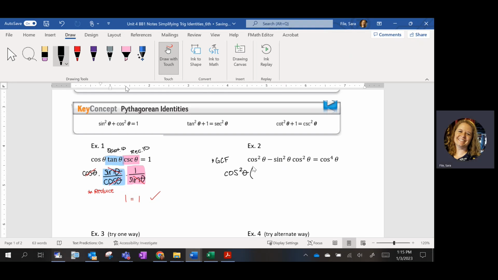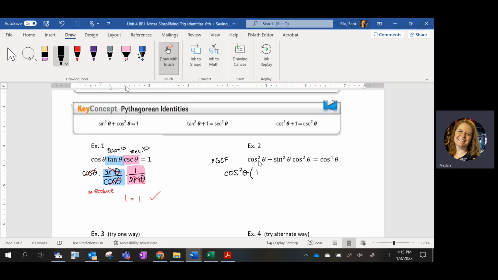So if I take out the cosine squared, what am I left with? Negative sine squared? Am I missing something if I just write negative sine squared? 1 minus sine squared. A lot of people tend to forget this 1 has to be here. When you are factoring, you're literally dividing that term out.